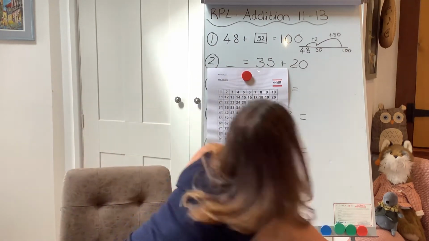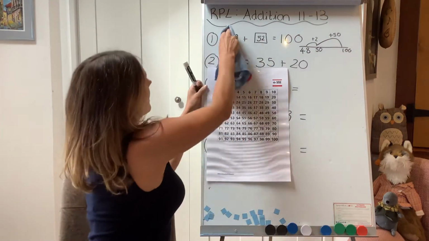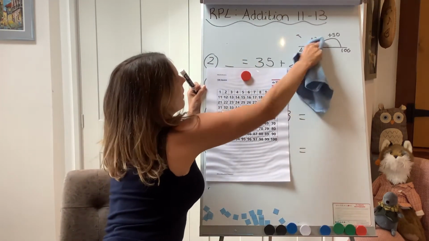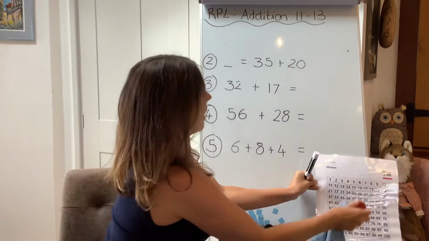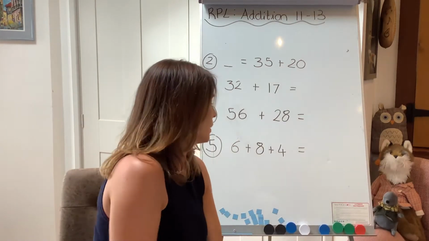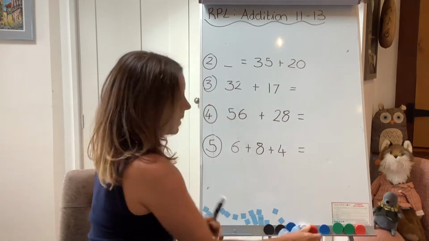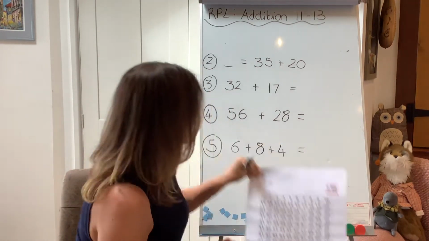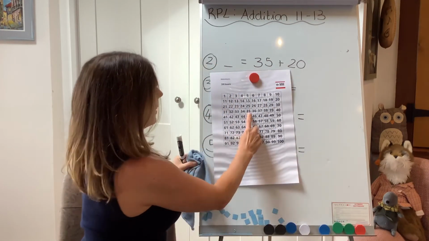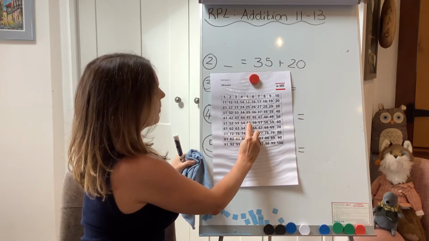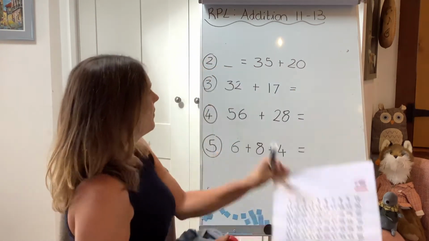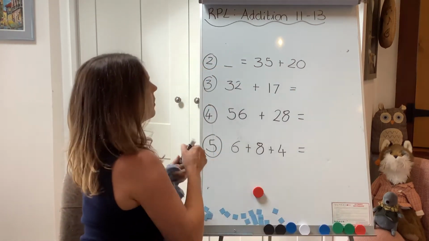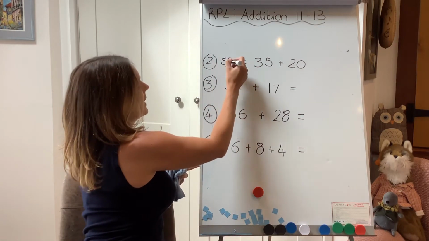Okay. The second thing that you've got on here is something is equal to 35 and 20. So we can use the 100 square again for this. We can start at 35 and count down 2 more squares would get us to 55. 55 is equal to 35 and 20.